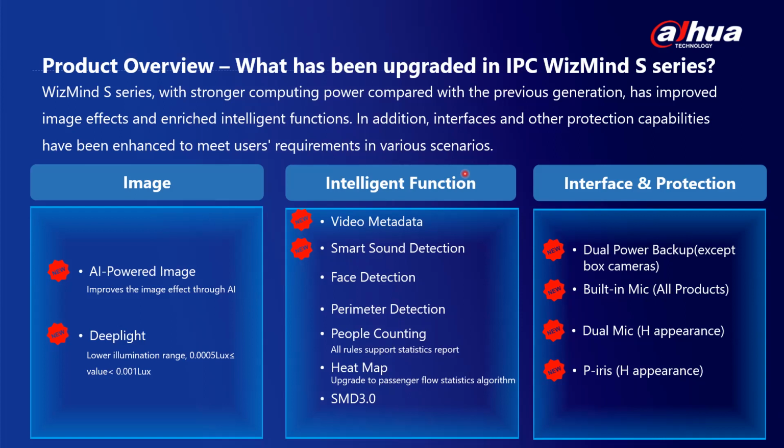We have a built-in mic for all the products of the WizMind S series. This supports dual mic. With the dual mic, the distance of capturing audio sources within the parameters has been stretched by 10 meters.